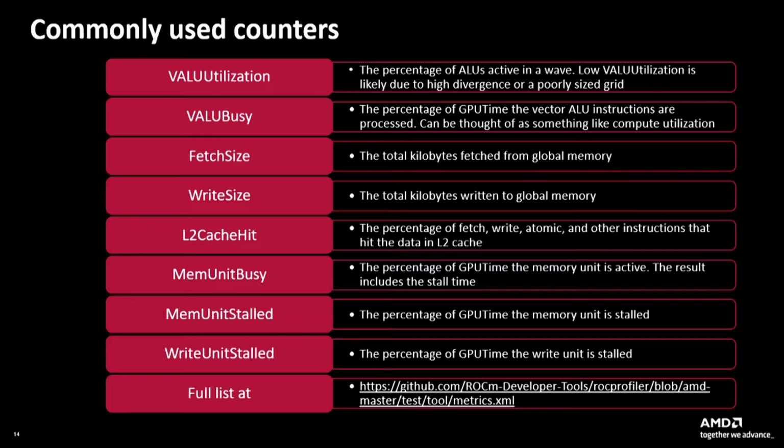But there is a whole other list of things, and a lot of people end up making their own counters, because using the basic or the derived counters, you want to understand more important features, like what is your bandwidth, what is your actual occupancy, what sort of arithmetic intensity you're reaching, and things like that.